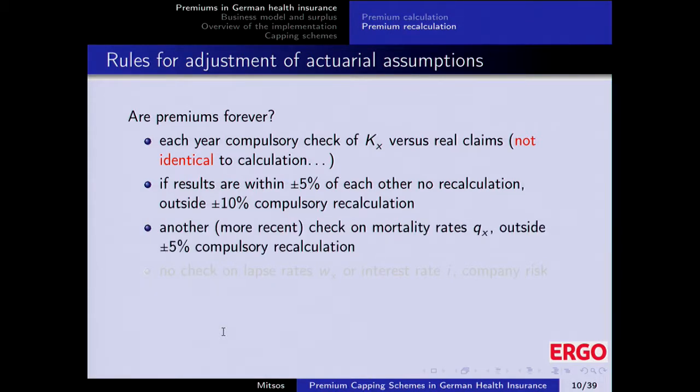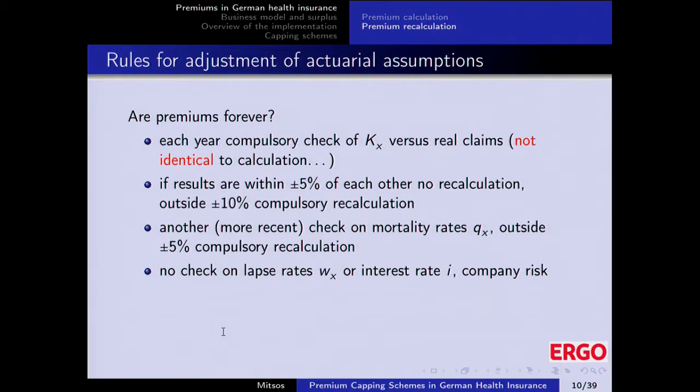There is another check, a more recent check, on the mortality rates. It has been introduced, I think, 4 years ago. No check is allowed on the lapse rates and the interest rate, the company risk. Yes, in 2001, I think, we had one very important tariff where we were losing many millions a year because the lapse rates had changed, whereas the claims were exactly calculated.